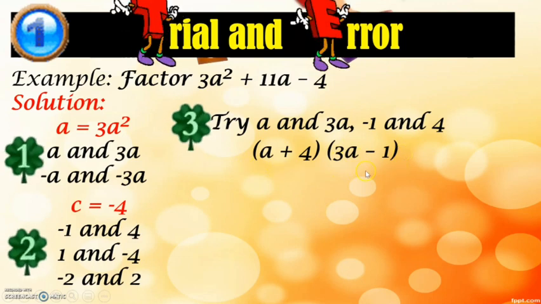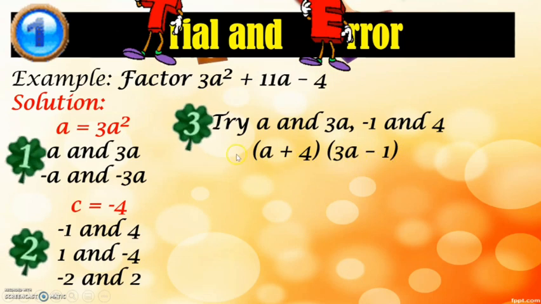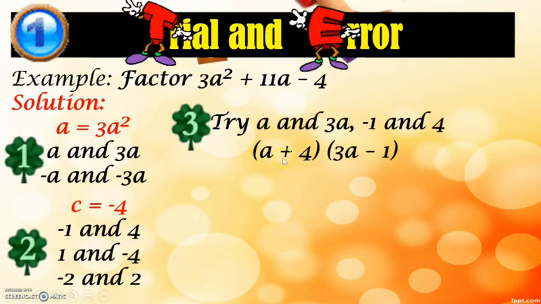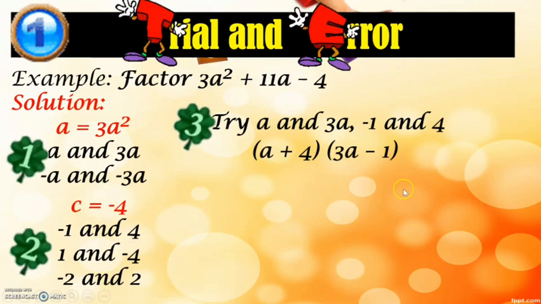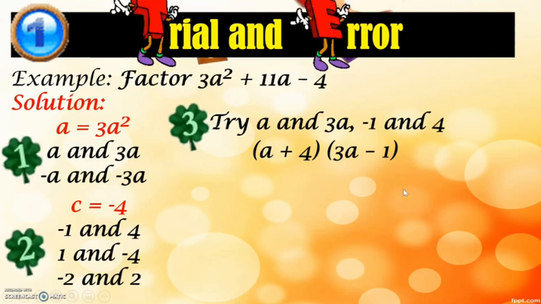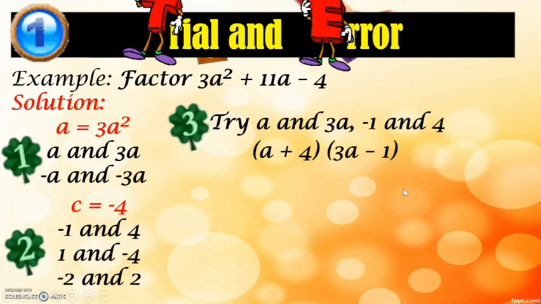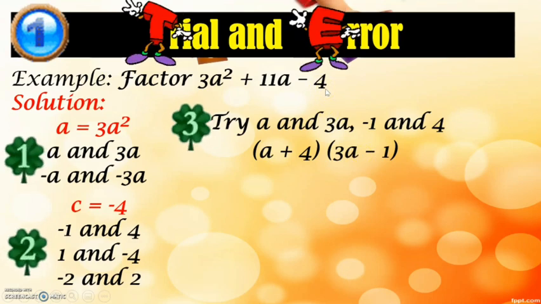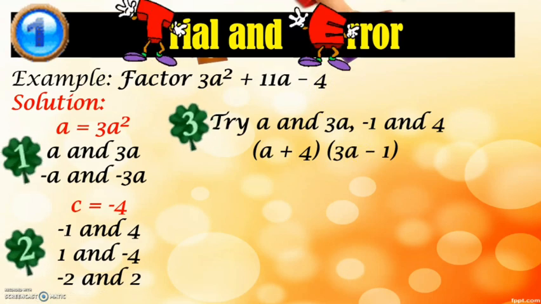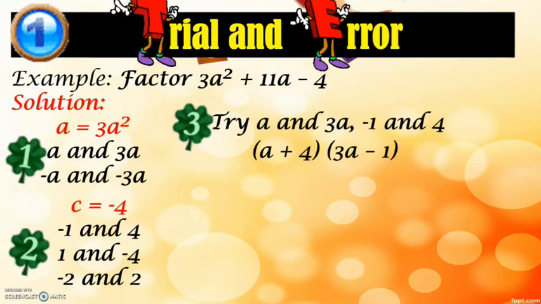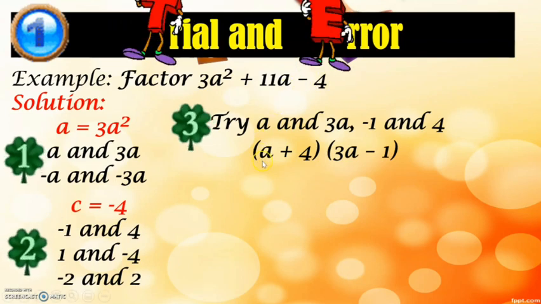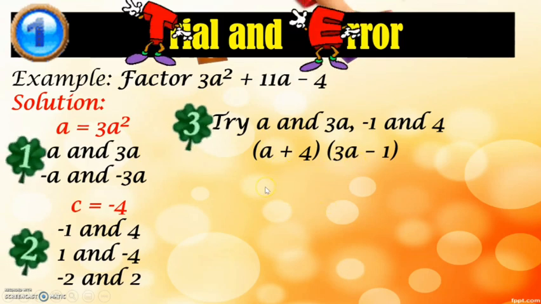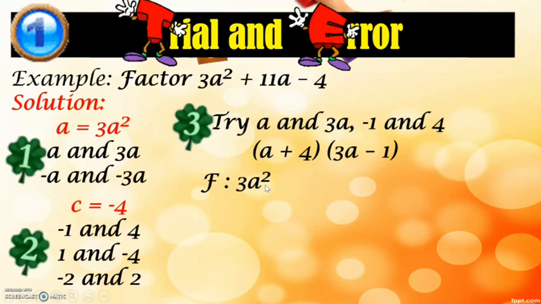To check if these will be the factors of the given trinomial, let us multiply the binomials using the FOIL method. If the product is the original trinomial, then the factors are correct. So let's check. First terms, a multiplied by 3a is equal to 3a squared.